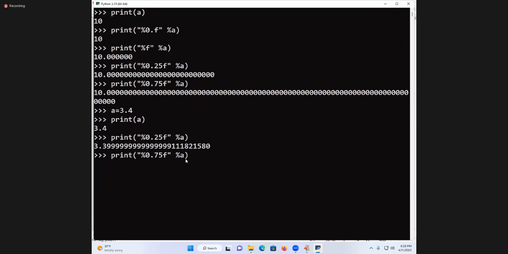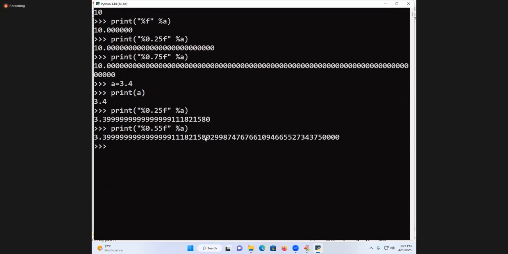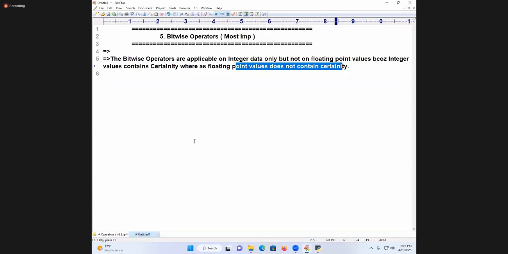You go for 50 decimals, still it prints some more values. This is up to 80, still there are so many digits. Does float contain certainty or uncertainty? So bitwise operators are applicable only on integer data, but not on floating point values.